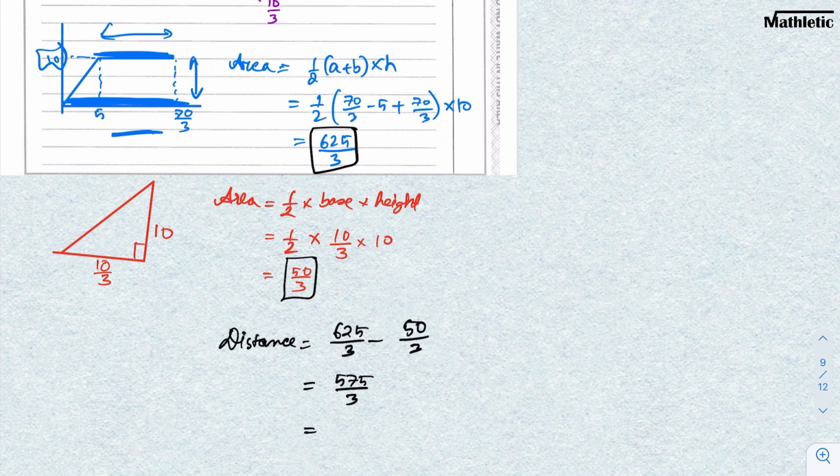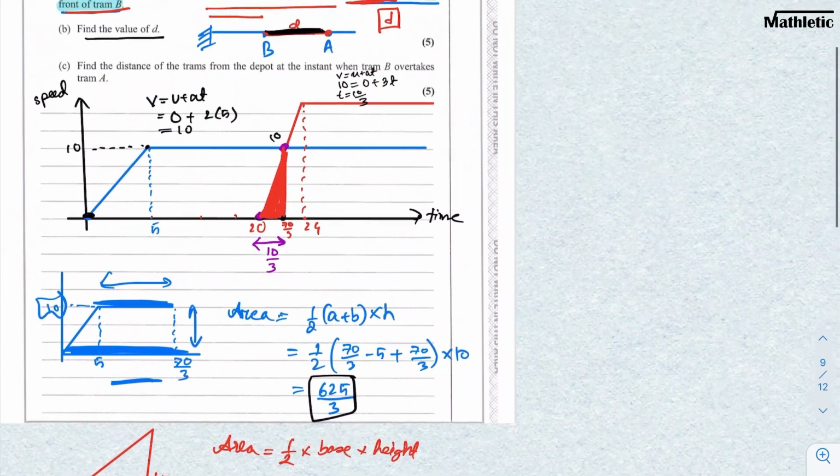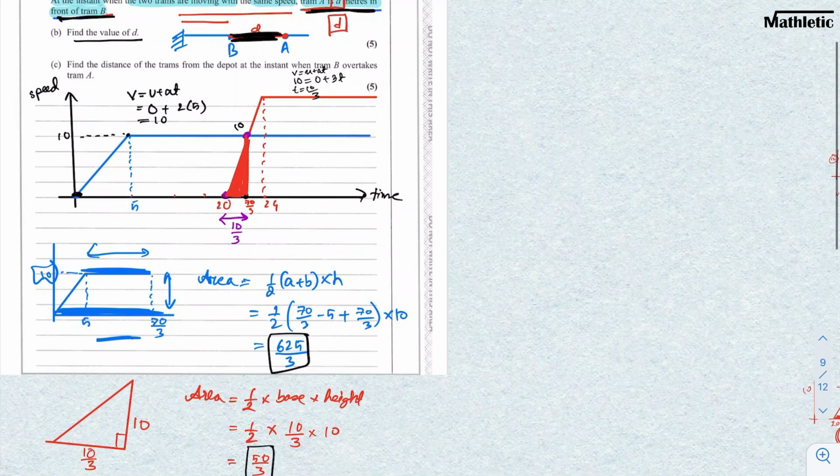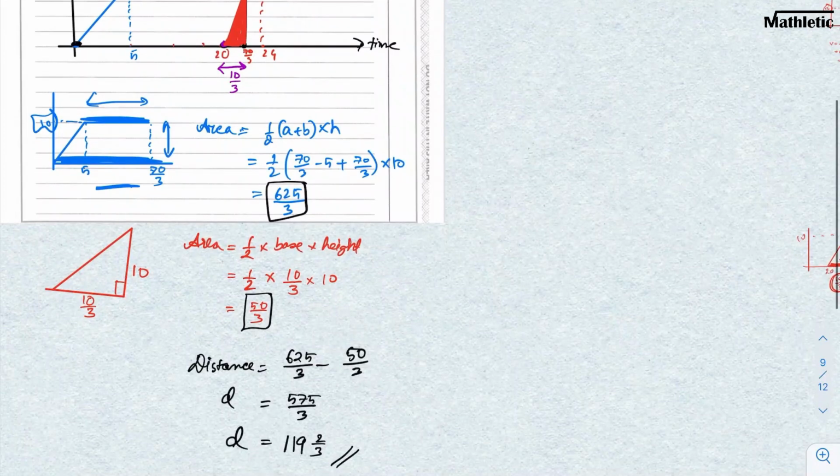Since the numerator is greater than the denominator, I will write that value as a mixed number, so 119 whole 2/3. So that's D. A was D meters in front of B, so the gap between them should be D. So we're done with part B.